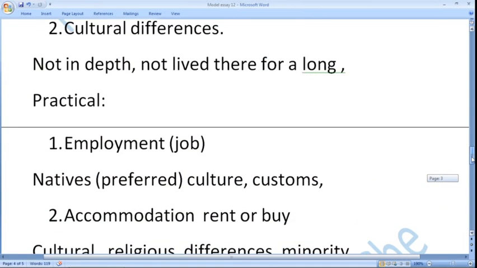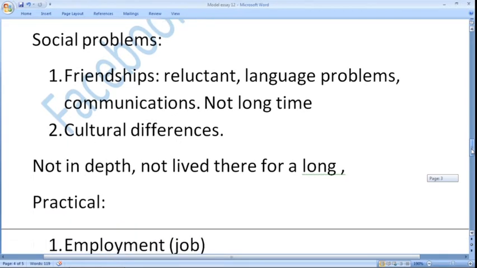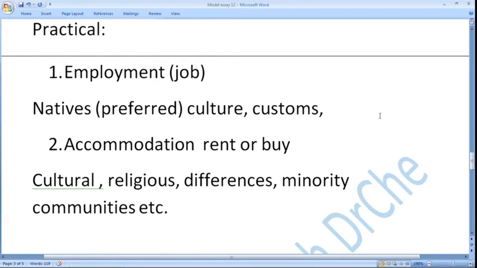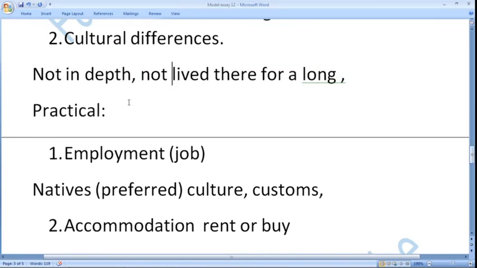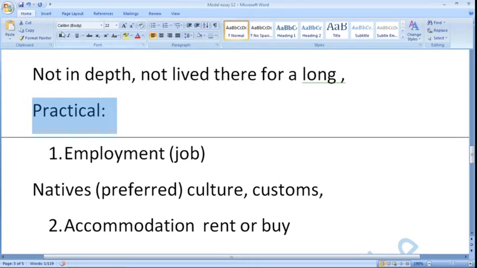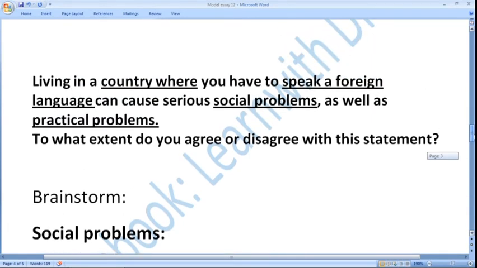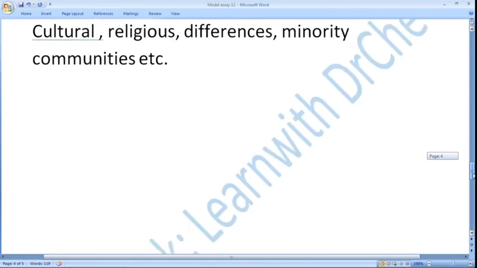You don't need to write this in your plan, but just keep it in your mind when you are going to finally write. So these are social problems and these are practical problems. Now let us start writing. Let us have a look once again at the question: living in a country where you have to speak a foreign language can cause serious social problems as well as practical problems.